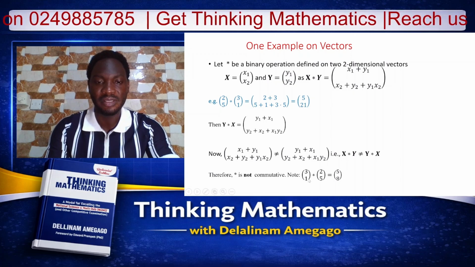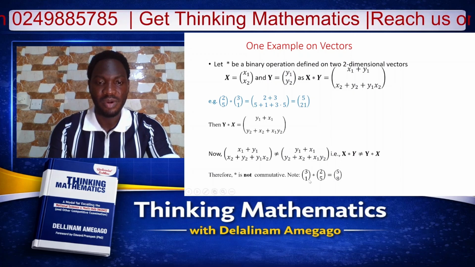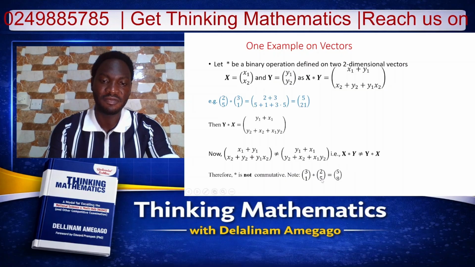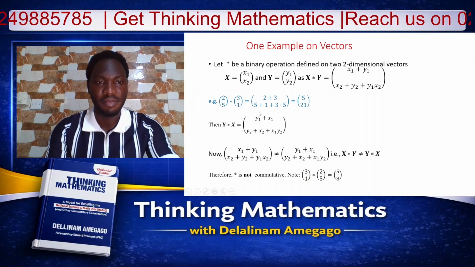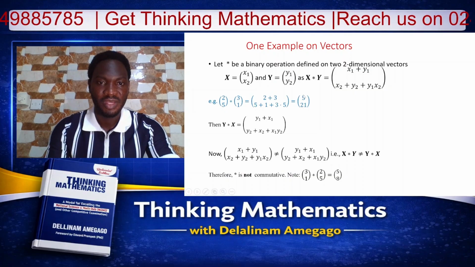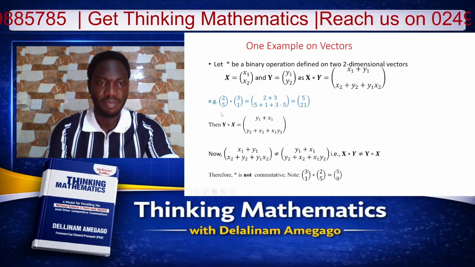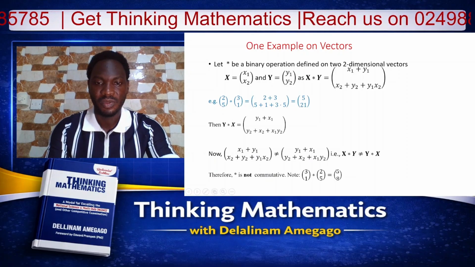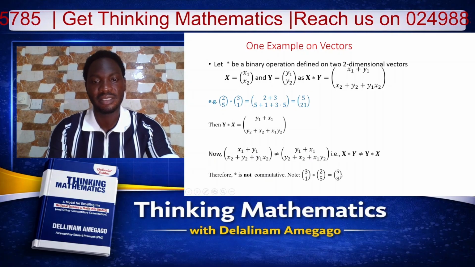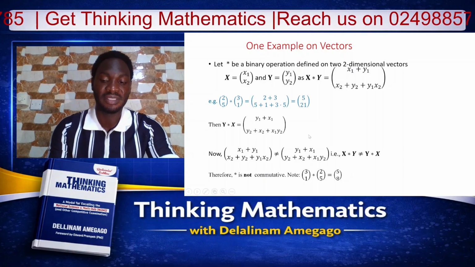As an example, we find that the vector (3, 1) star the vector (2, 5) is equal to (5, 8). Meanwhile, we had (5, 21) when we performed (2, 5) star (3, 1). And so this is an instance illustrating the non-commutativity of star.